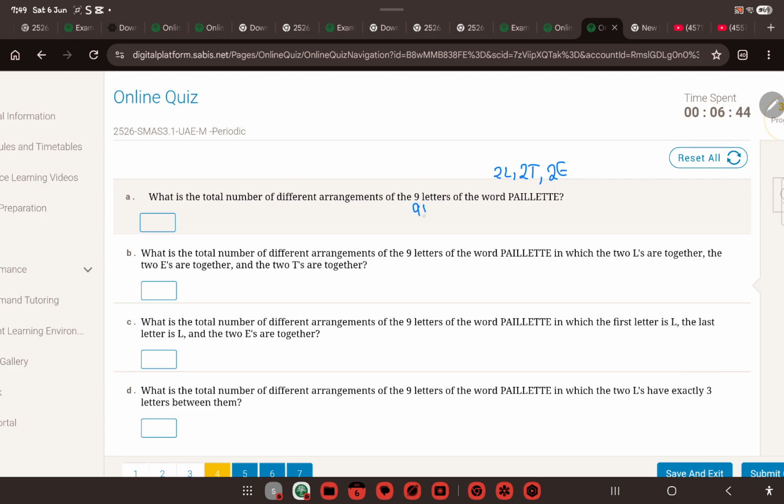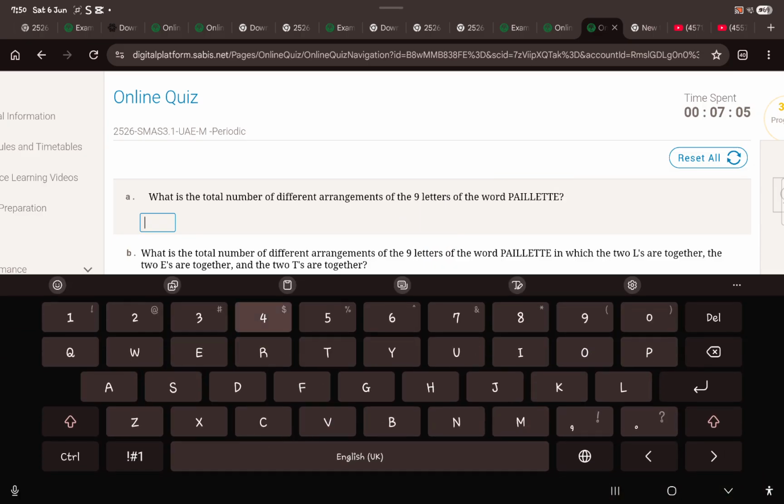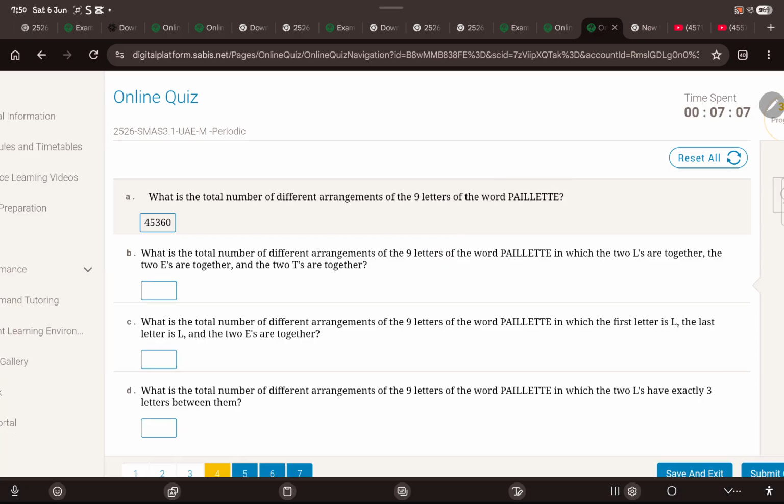We do 9 factorial divided by 2 factorial for the L's, times 2 factorial for the T's, times 2 factorial for the E's. We should get 45,360.